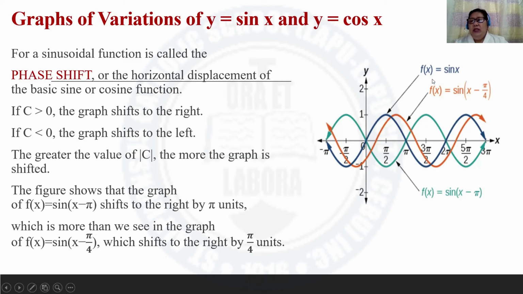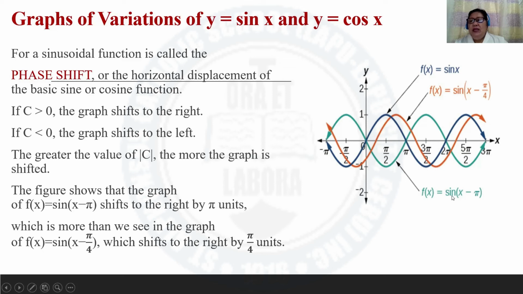So here, look at the original function, or the parent function, f of x equals sine x, this blue one, and then for the orange one, sine of x minus pi over 4. So this is now the graph.